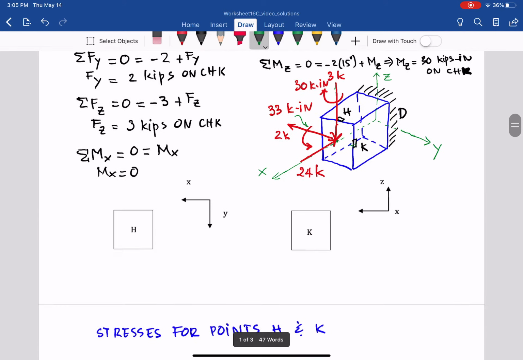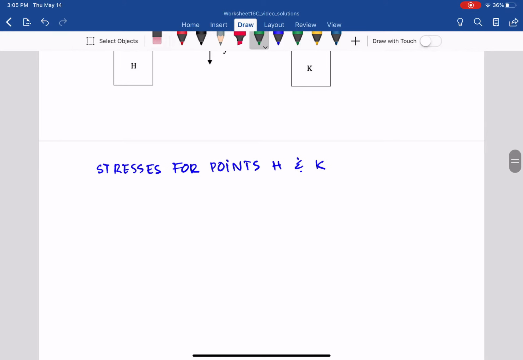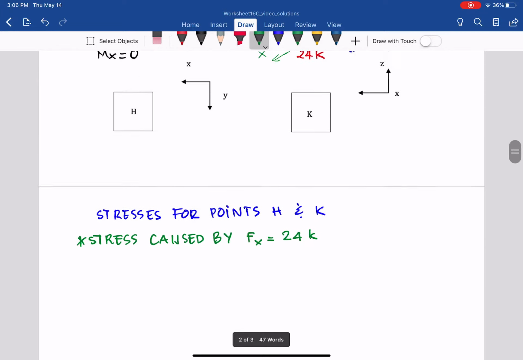First we have 24 kips, so let's work out the stress caused by Fx equal to 24 kips.